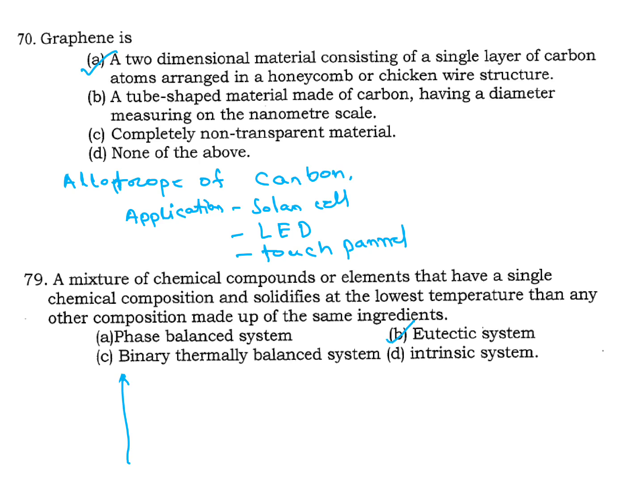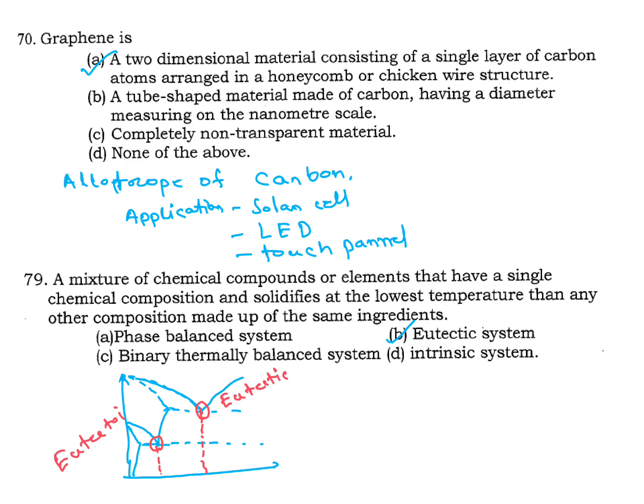Here in the iron carbon diagram, I will show you only a small part. Drawn in red color, two very important things. Here we get eutectic. Here we get eutectoid, at 723 degrees Celsius and 1147 degrees Celsius.